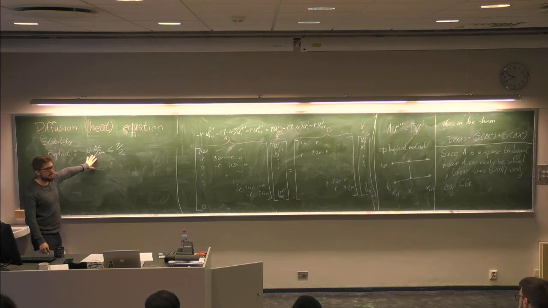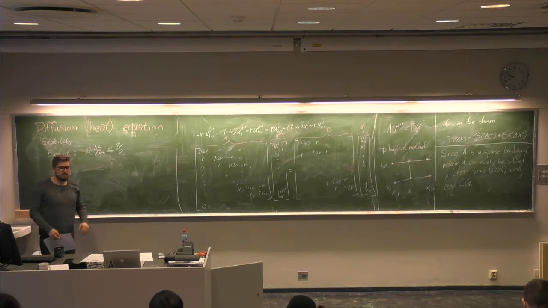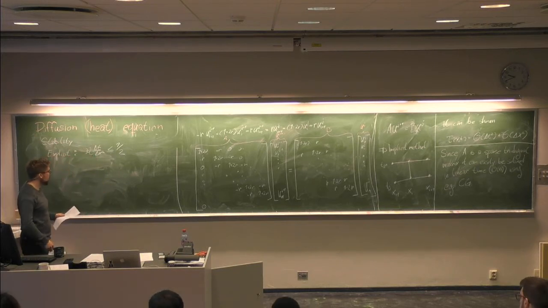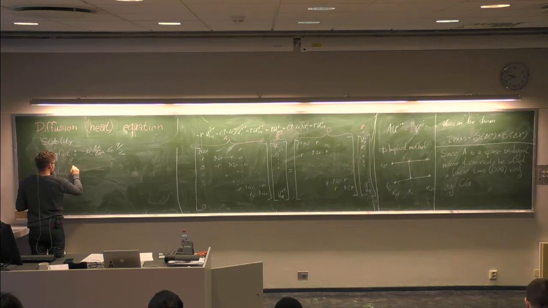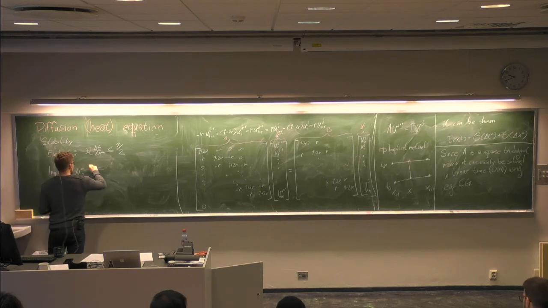I mean, if this isn't fulfilled, then your system will just crash. You will just get a nonsensical solution for it. It will just either blow up or nothing will happen. Whereas the implicit one, and then especially the Crank-Nicolson one, is unconditionally stable.